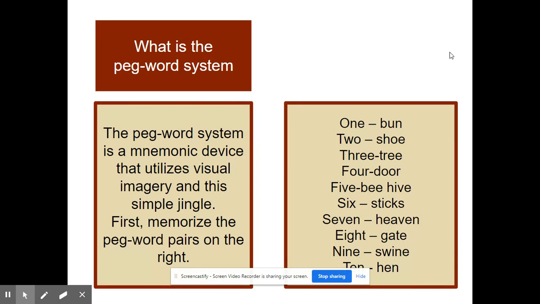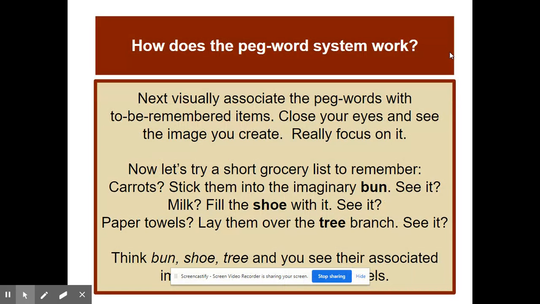Peg word systems is a mnemonic device that utilizes visual imagery. First, we memorize the peg word pairs on the right. Next, we visually associate the peg words with to-be-remembered items.